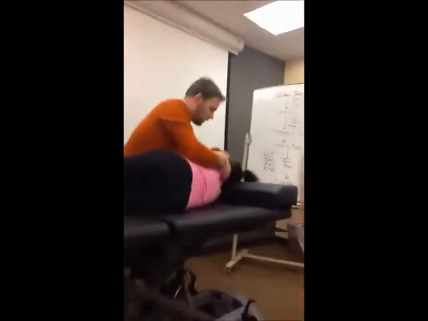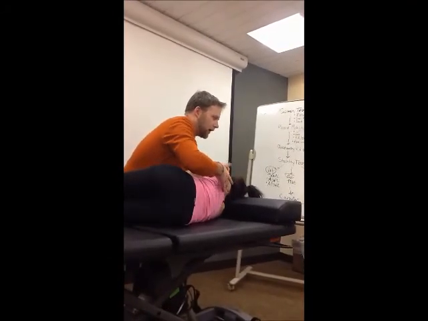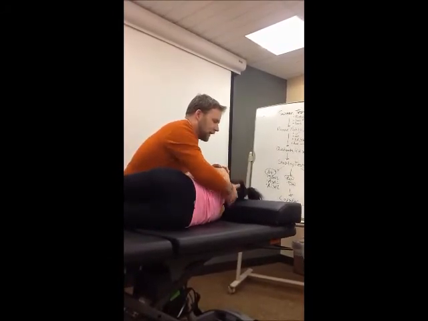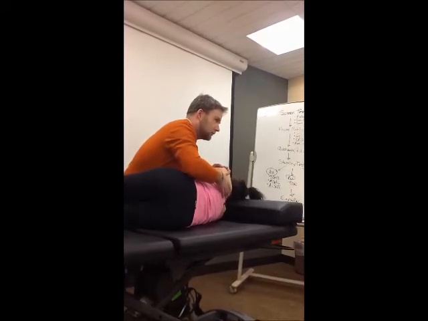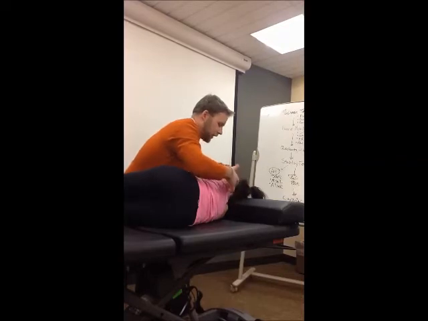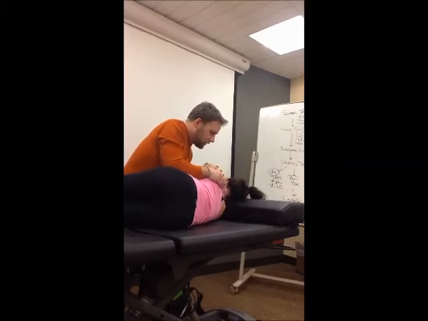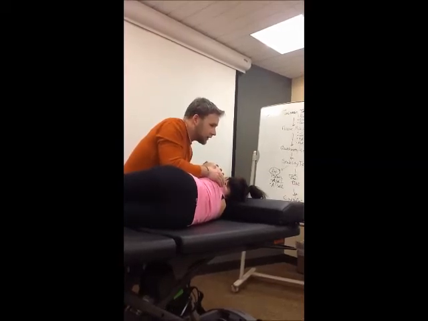So the rhomboids actually do have a slight posterior inferior angle, lateral and inferior from the spine down this direction, right? It's somewhat similar, but we're going to try and draw her forward as well, looking for tension there.